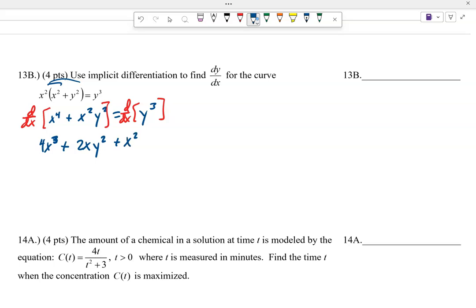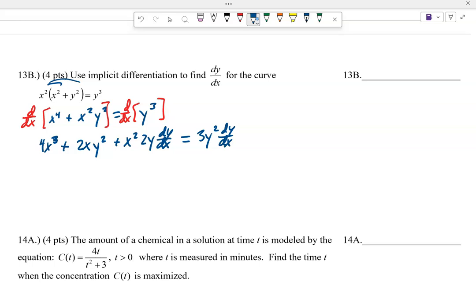So derivative of y squared, 2y dy dx. Variables do not agree. I got to use chain rule because I don't know what y is. Equals derivative of y cubed, 3y squared dy dx. Chain rule again, I don't know what y is, so I have to say chain rule on that, dy dx.